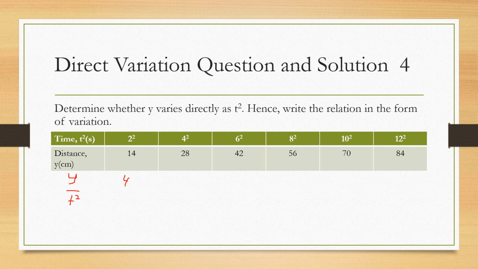So 14 over 2 power 2, 28 over 4 power 2, maybe we put it into power 2 so that we could see it clearly. 42 divided by 6 power 2, 56 divided by 8 power 2, 70 divided by 10 power 2, and 84 divided by 12 power 2.